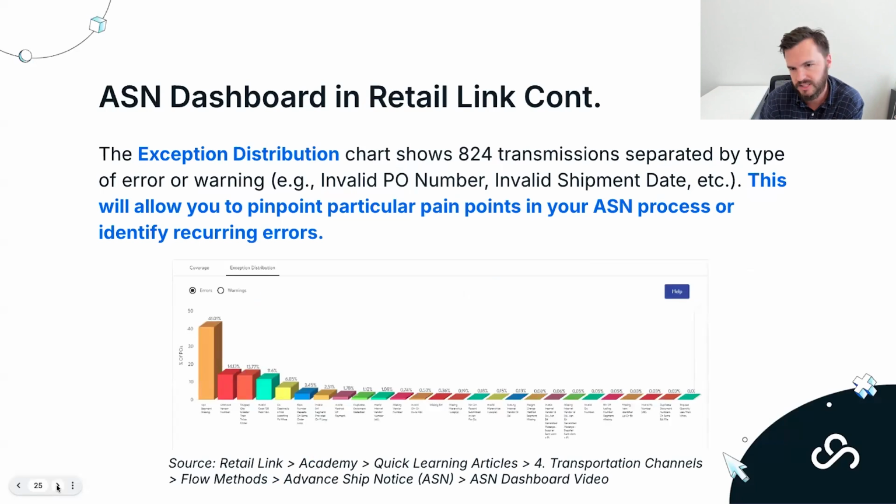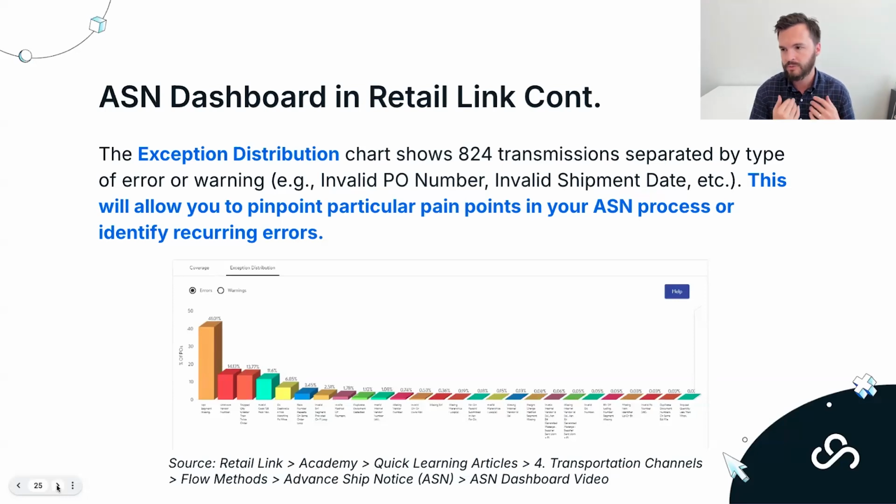You won't be able to really look at this image too much on this slide, but that's why we've got the source here as well, to help you learn more about the exception distribution graphic. Maybe not super helpful if you're seeing a bunch of different ones at a really high volume.